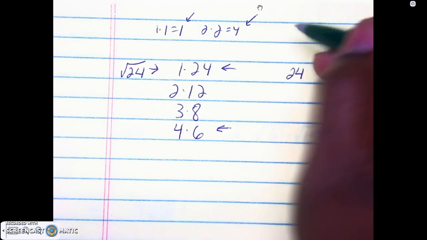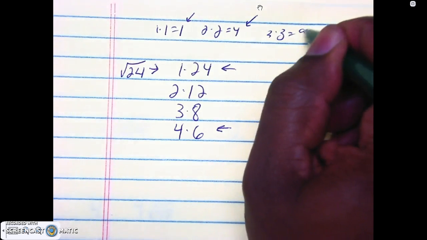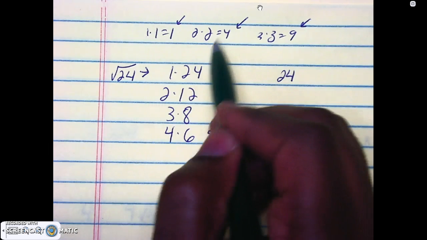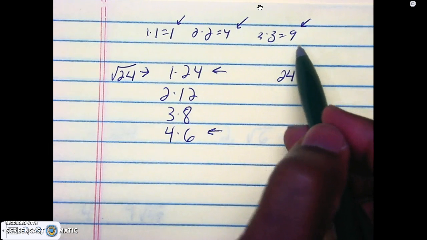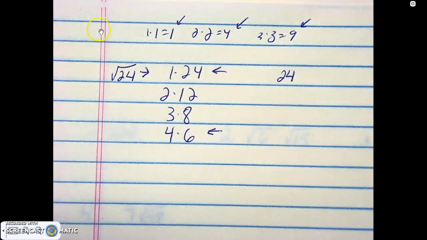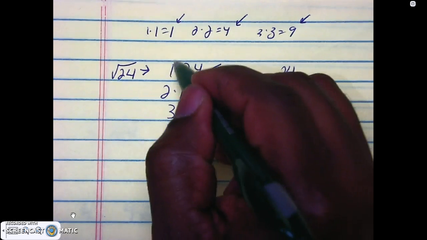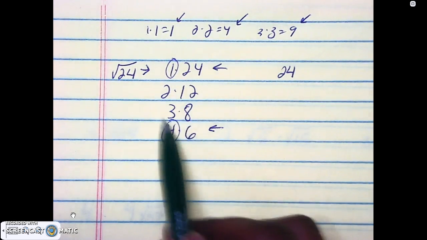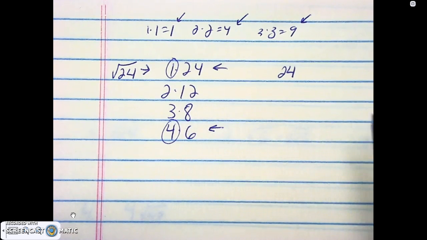That's a perfect square. 3 times 3 equals 9. That's a perfect square. Again, the product of a number times itself. So, can you name any more? I'll wait and pause. Name some. All right. So, 1 is a perfect square and 4 is a perfect square. It's not divisible by 2, but it means a product of a number times itself.